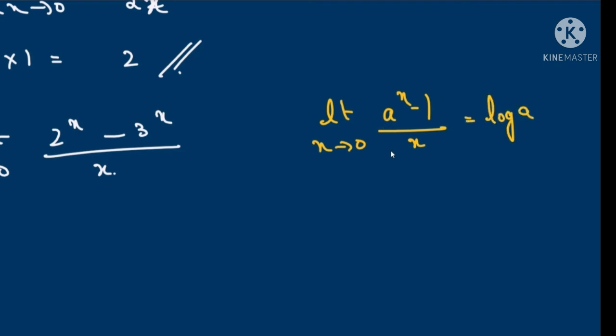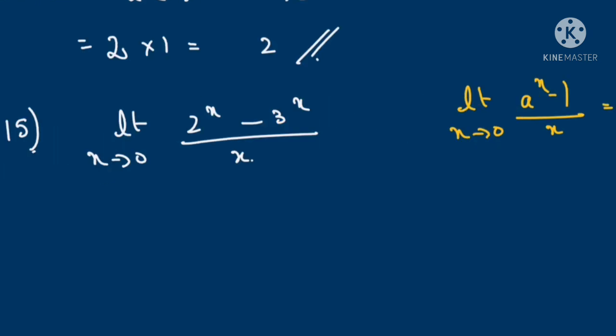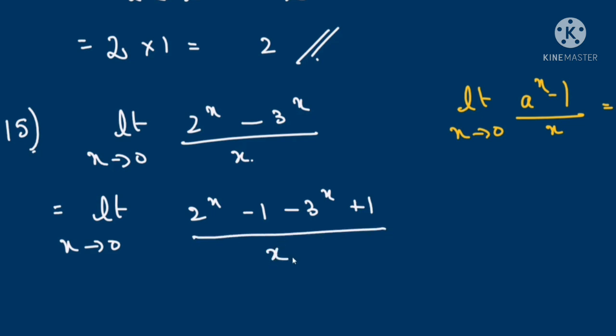So that 1 is missing here. 2 power x minus 1. So let us add and subtract 1. So 2 power x minus 1 minus 3 power x plus 1. We have subtracted and added 1, divided by x.